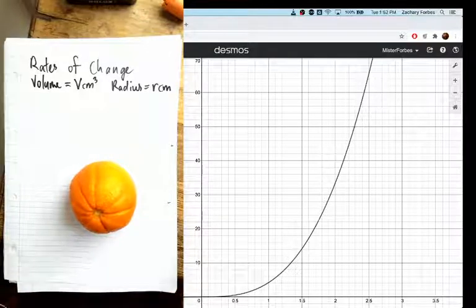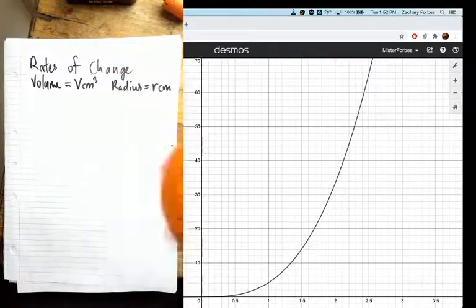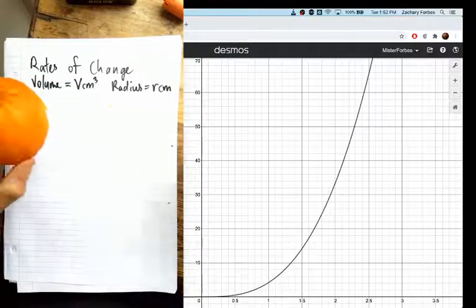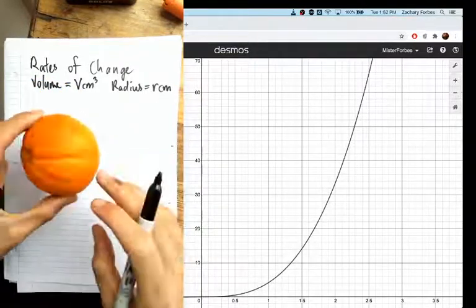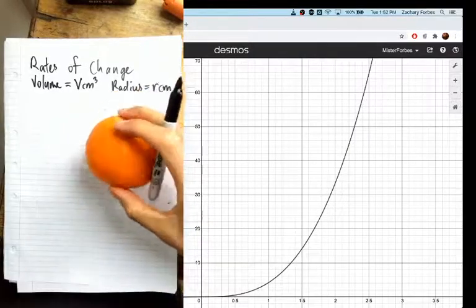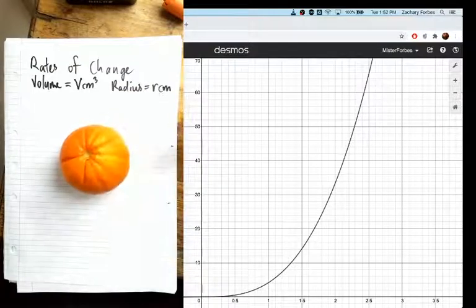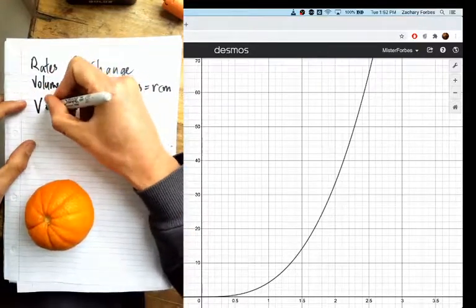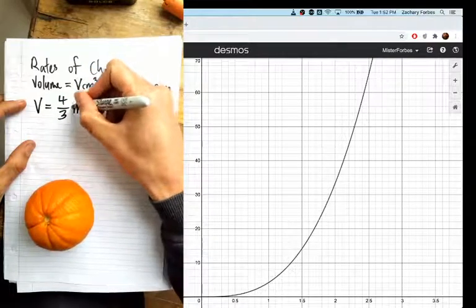So let's make a couple of assumptions. I reckon that this orange, for the sake of an easier lesson, has a radius of, let's say, 2 centimeters. Then its volume, if its radius was 2 centimeters, we would have to put into the volume of a sphere formula, so V equals 4 over 3 pi r cubed.